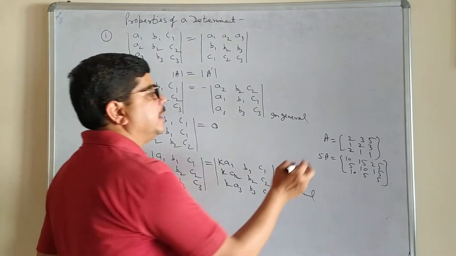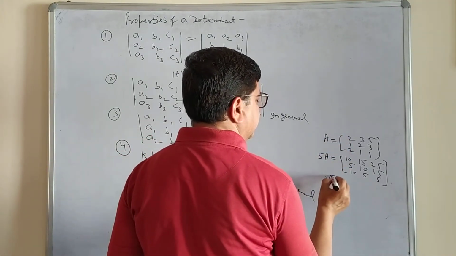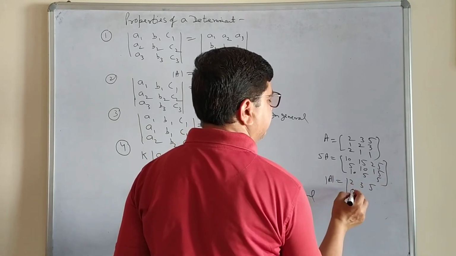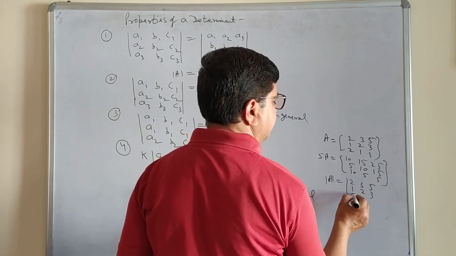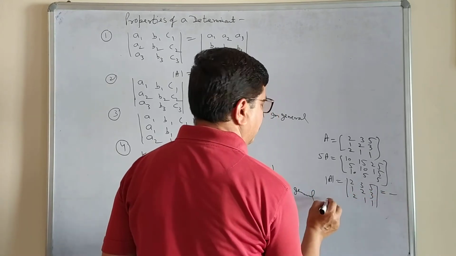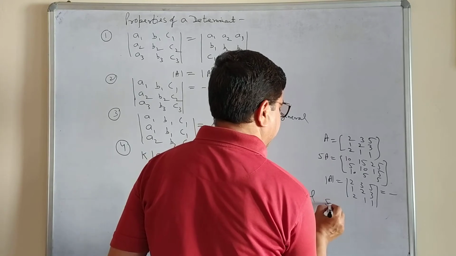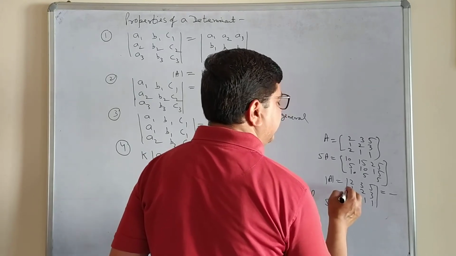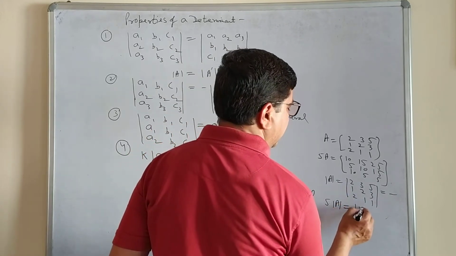But if you are evaluating this determinant, the value of this determinant, and you want to find 5 times determinant of A, then each element of any one row will be multiplied.